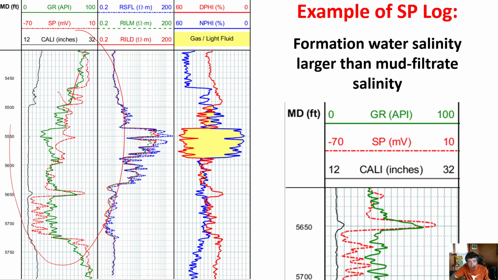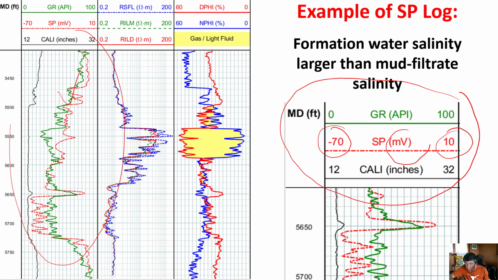If I zoom in on the units, that zoom will show precisely these values. Spontaneous potential runs can go from negative values to positive values, and is expressed in millivolts. Because it's an electrical potential, as I said before, it can have negatives or positives. The polarity is actually very important in this example.